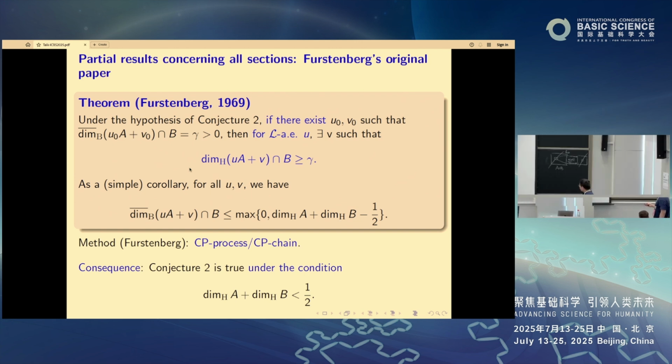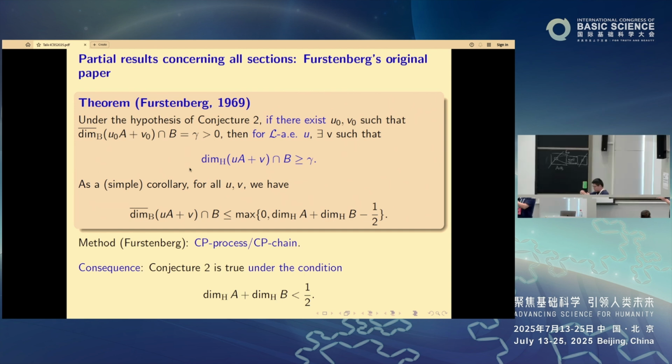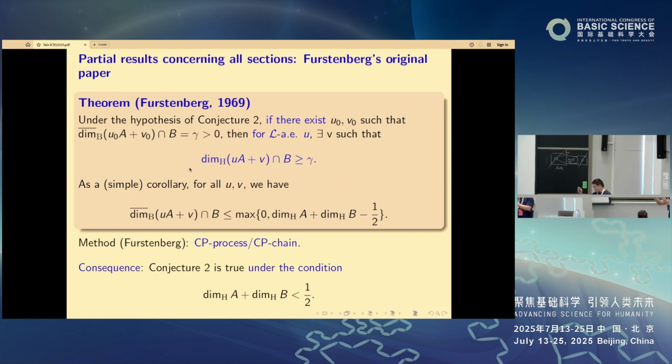So if you start with a single slice, you get a rich family of slices: for almost every direction you have a slice with dimension s.